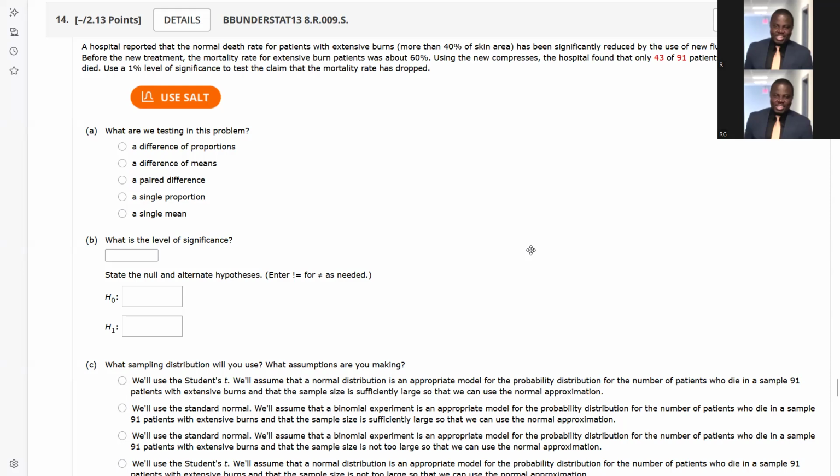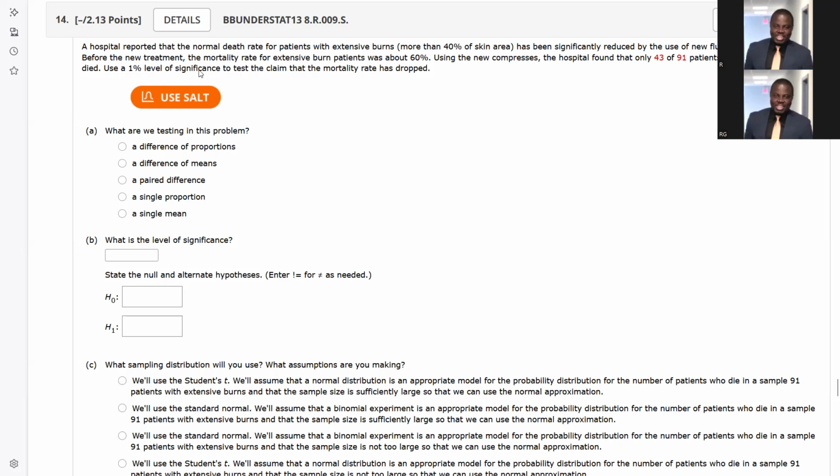Now, a hospital reported that the normal death rate for patients with extensive burns, which is more than 40% of skin area, has been significantly reduced by the use of new fluid plasma compressors.